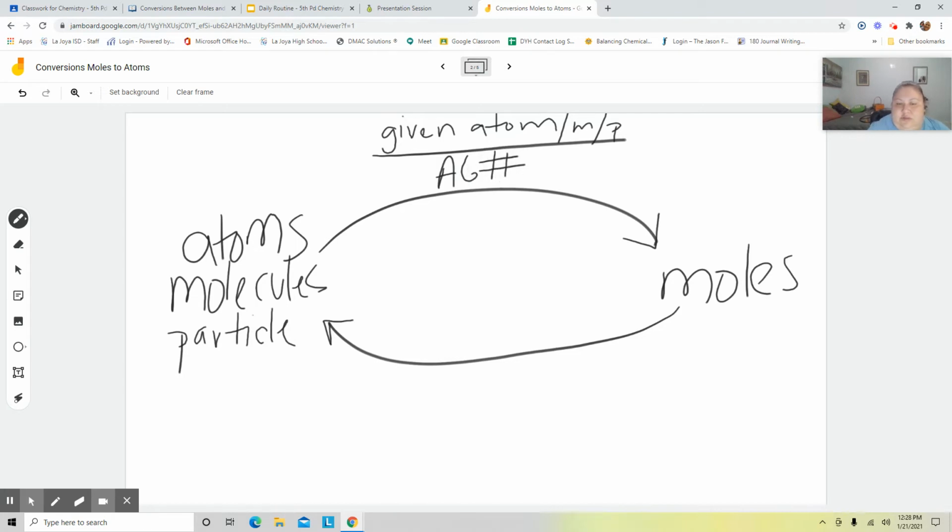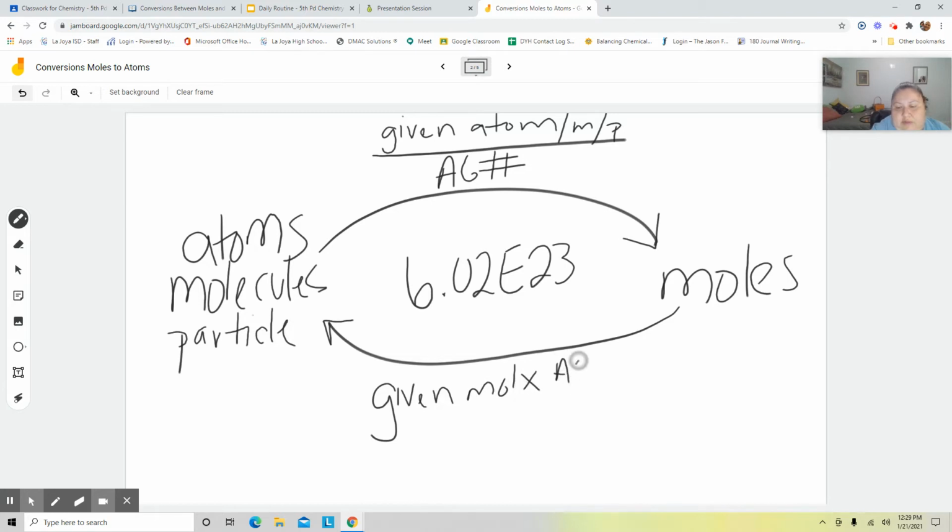Everybody knows Avogadro's number, right? 6.02 e to the 23. Same thing. 6.02 times 10 to the 23 is the same thing as 6.02 e to the 23. Don't get it confused. And if I'm given moles, I will multiply by Avogadro's number.